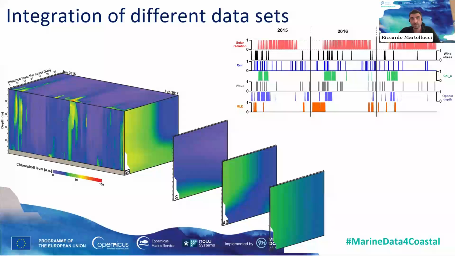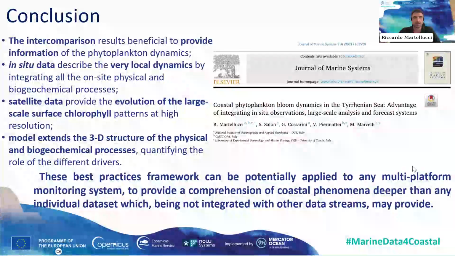And the Copernicus Marine Service provides this high quality data that can be matched with statistical analysis to obtain an idea of what a phytoplankton bloom is in the coastal ocean.